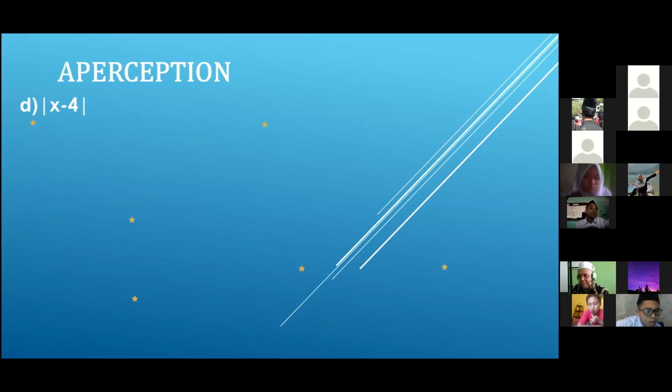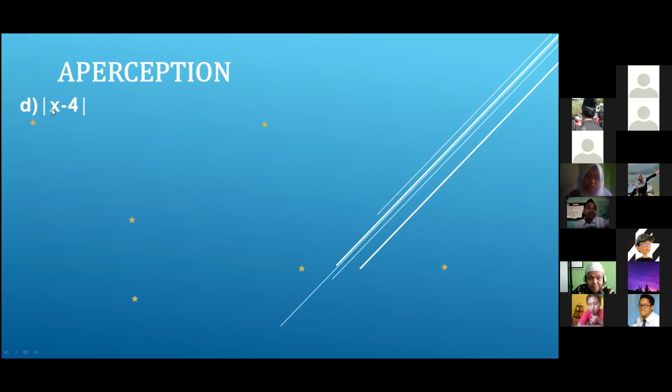And then, what is the interpretation of absolute value of x minus 4? The distance of x to negative 4. Not negative 4, it is 4.